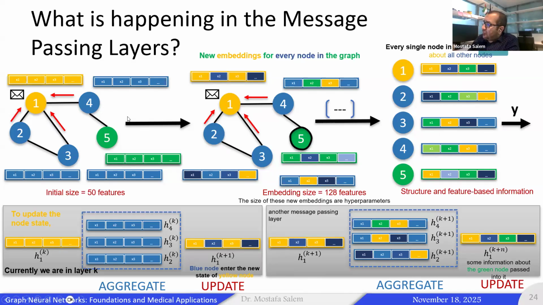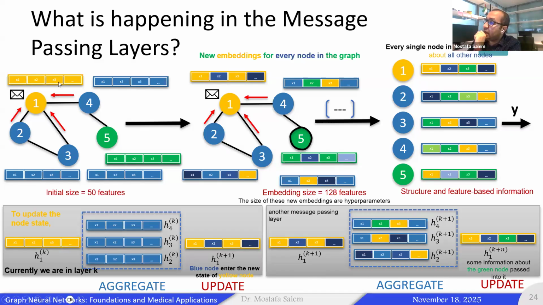So after this message passing layer, I can do many of them. I will have for each node the new learned embeddings, and these embeddings for each node can be used directly for node prediction, or I can combine all these nodes into just one embedding, and I can use that one embedding for the entire graph prediction.